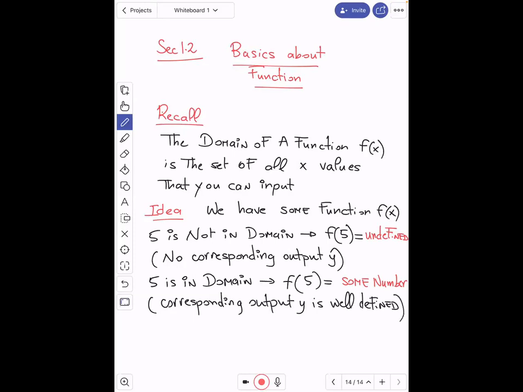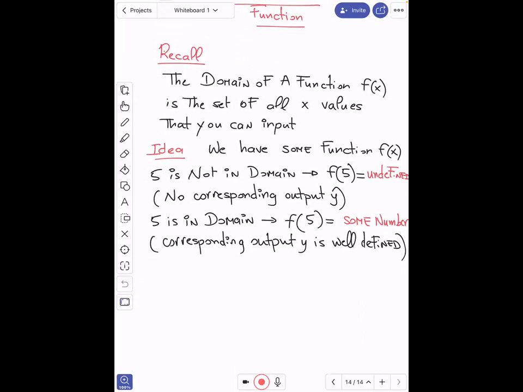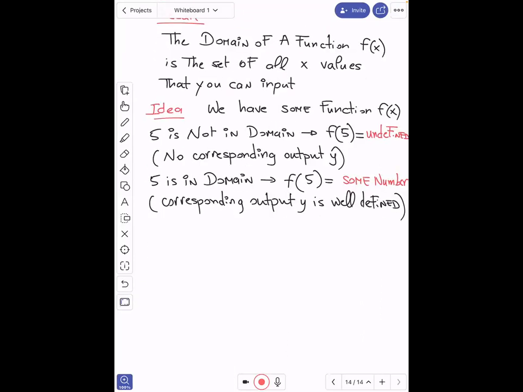All right, so as I said, last week we discussed how to find the domain of a function, first using equations. So let me just write it down for you.